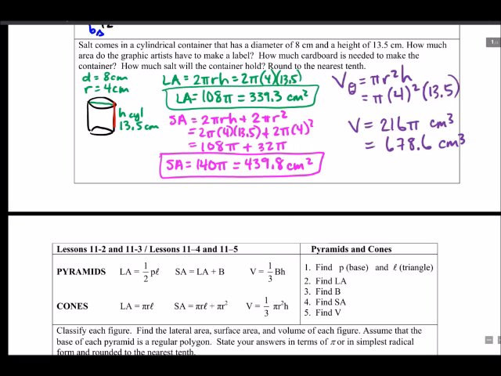So we know that the lateral area for design was 339.3 centimeters squared. The surface area for the paper to make the entire container was 439.8 centimeters squared. And how much salt can we put in it? 678.6 centimeters cubed. So lots of math goes into your everyday products.